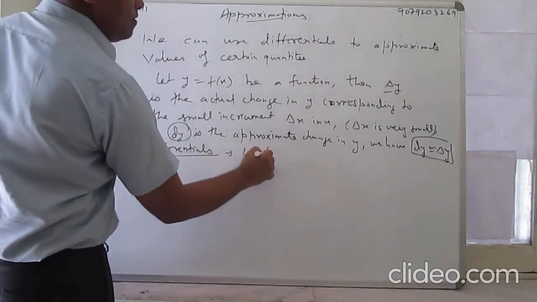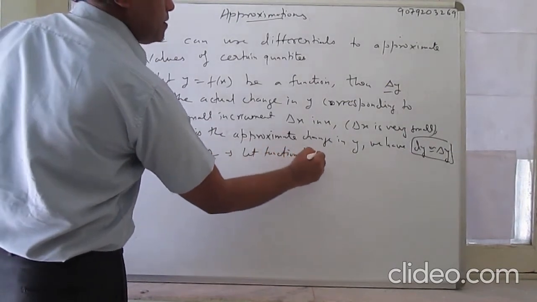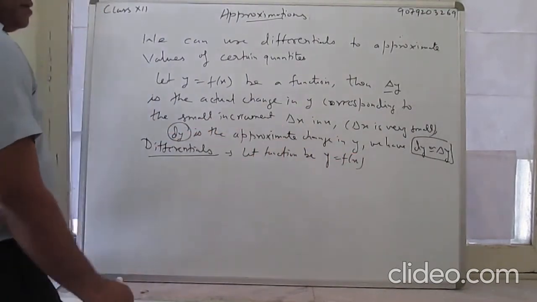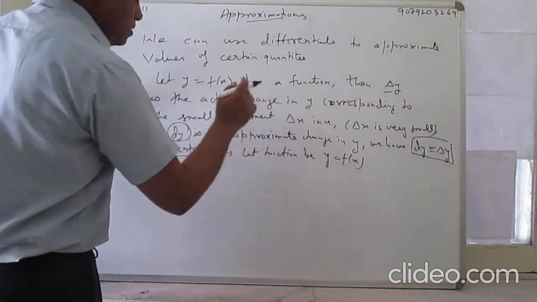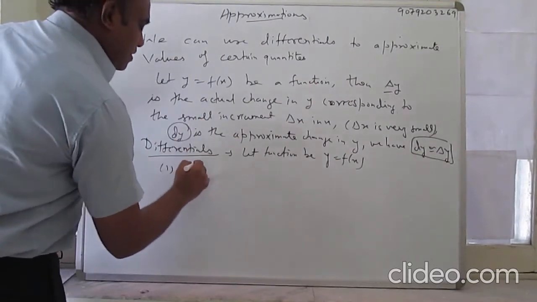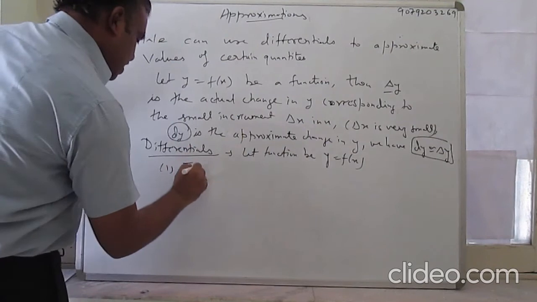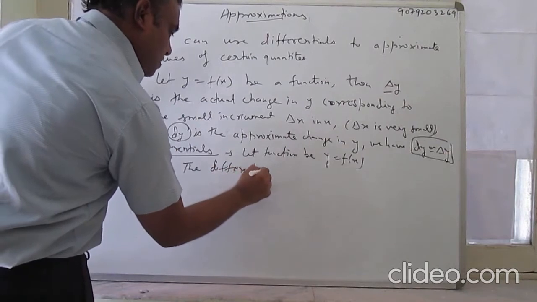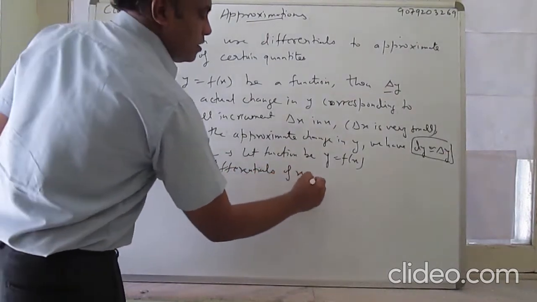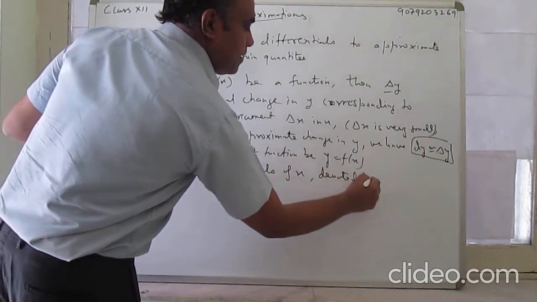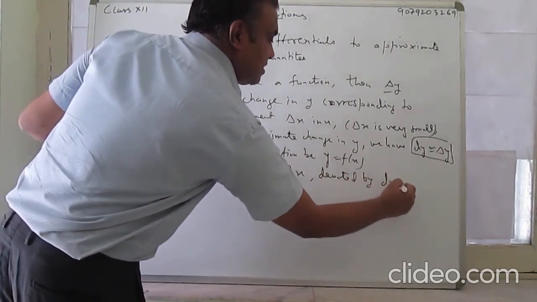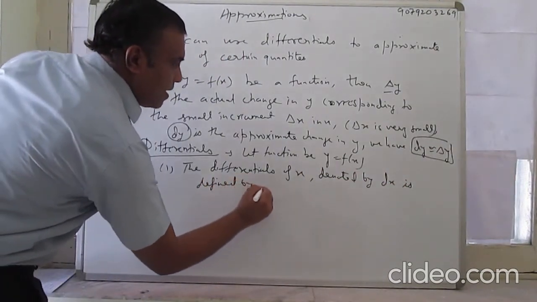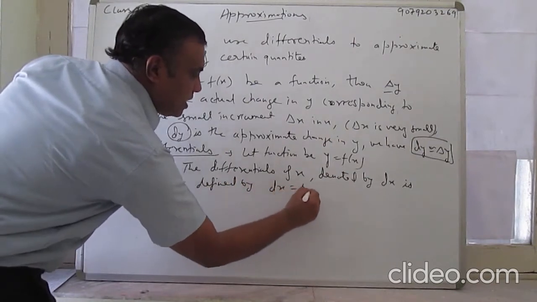Differentials: let function be y is equal to f(x). The differential of x denoted by dx is defined by dx is equal to delta x.